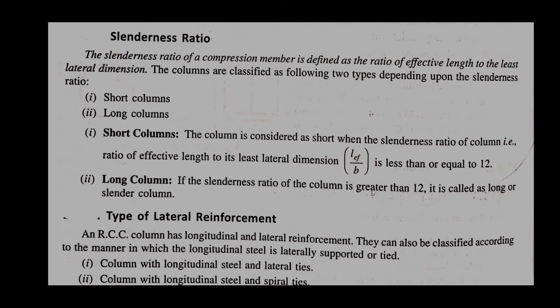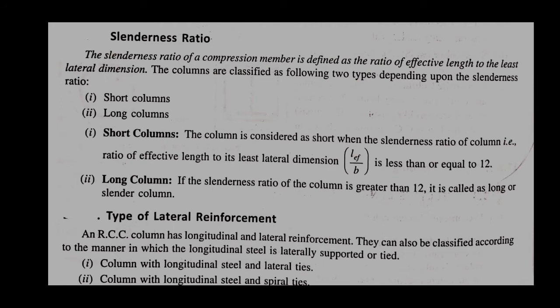In case of square or rectangular column, we have to use this B, the least lateral dimension, but in case of circular column we have to use D, that is diameter of that circle, instead of least lateral dimension.